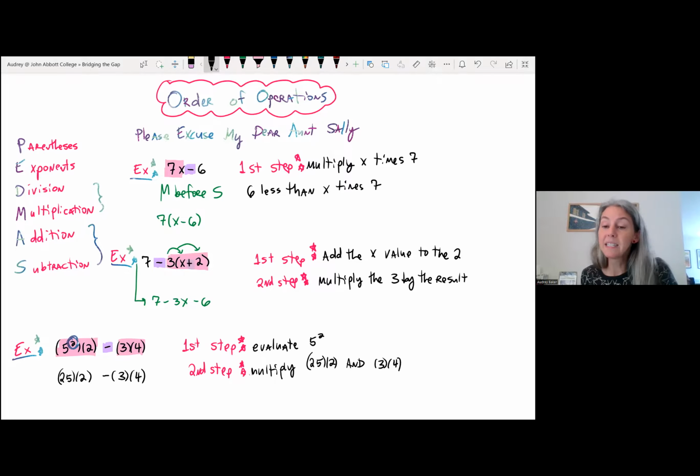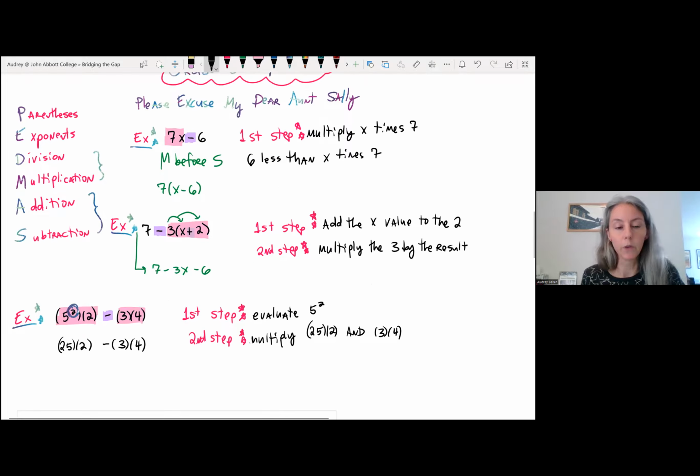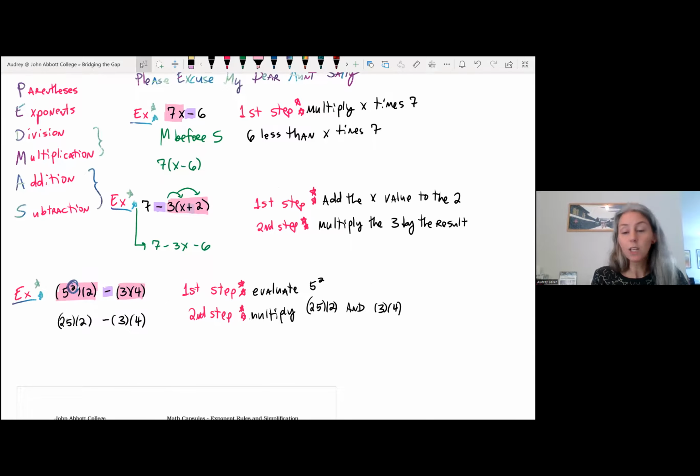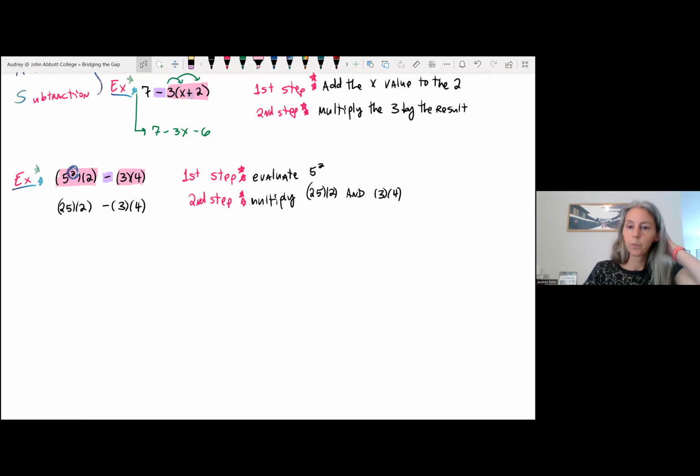Now, all of this might seem straightforward to most of you or some of you, but there is one little thing that changes how we think about this, and that is implied parentheses. When you first start learning math, for division, you typically learn the division symbol.